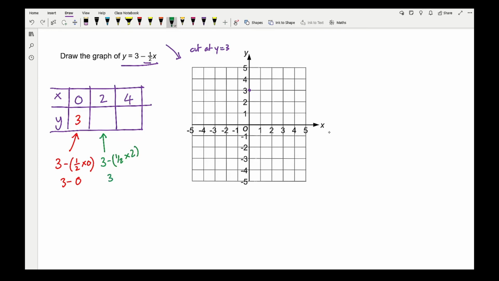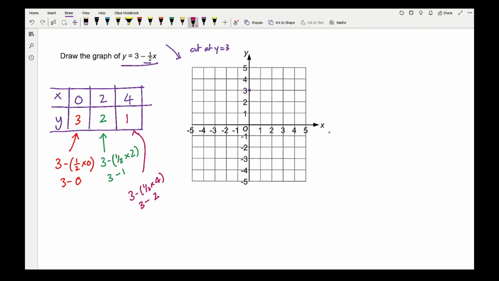So here I've got 3 minus 1, which is 2. And then finally, for this one, I've got 3 minus a half times 4, which is the same as 4 divided by 2. So it's 3 take away 2, which is 1.